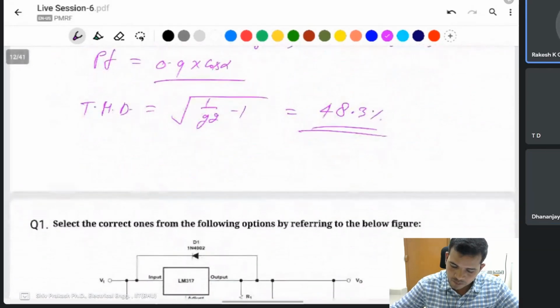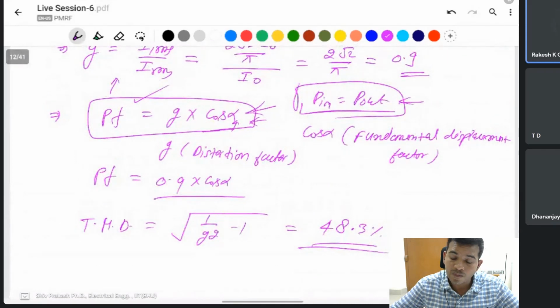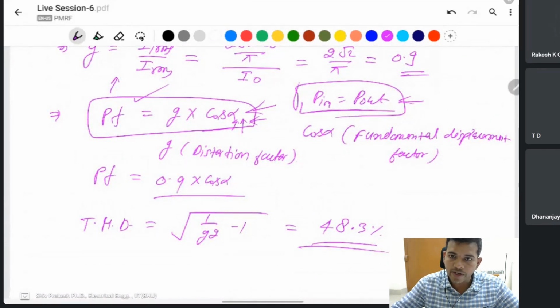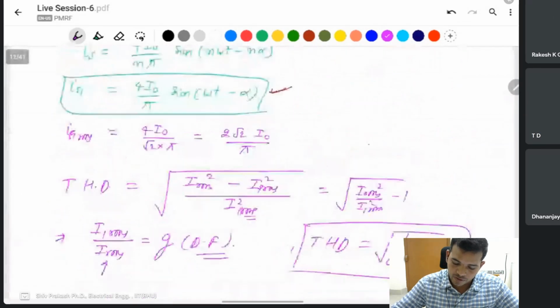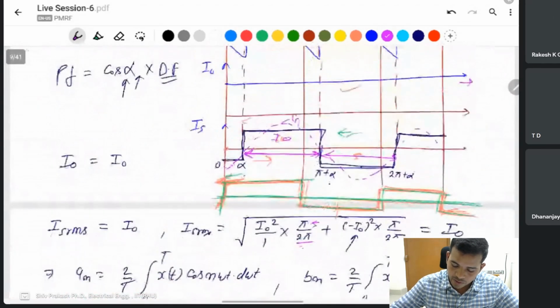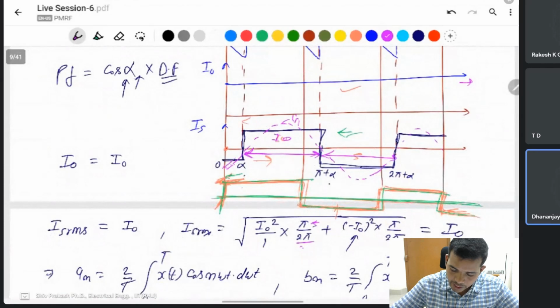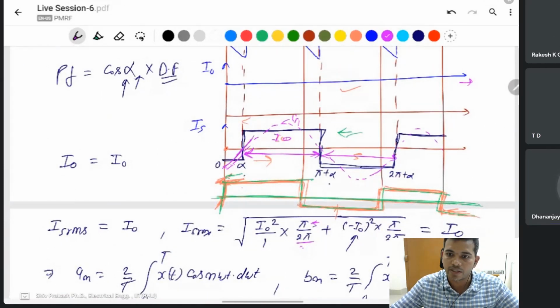Sir, in this case, what will be the cos alpha? Alpha is the fundamental displacement factor. It means the angle between the voltage and the fundamental of the current.